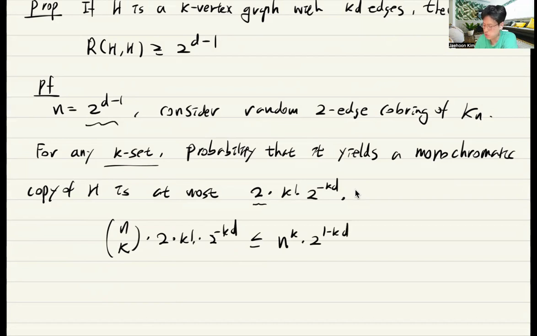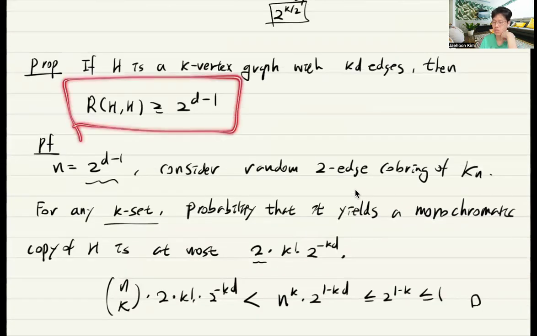From our choice of n, this is at most 2 to the 1 minus k, which is strictly less than 1. So this shows that with positive probability, you can avoid any monochromatic copy of H, so you get this bound.